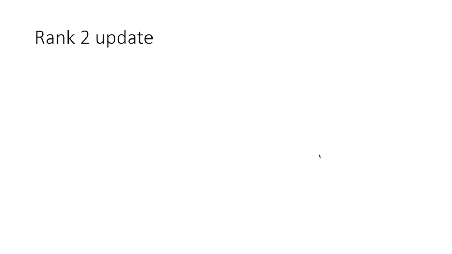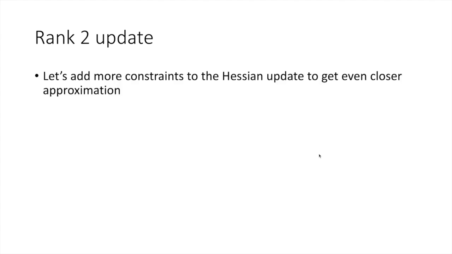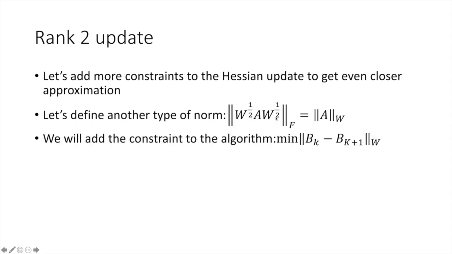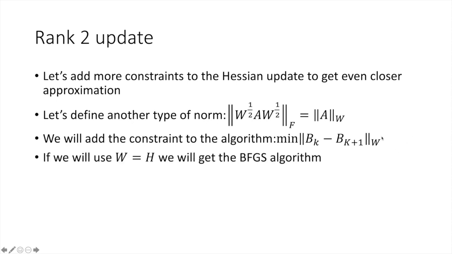So now we will define a rank 2 update. We will add more constraints to the Hessian update to get an even closer approximation. So let's define another type of norm. A W-induced norm will be the Frobenius norm of W raised to the power of half, times A, times W raised to the power of half. We will add the constraint to the algorithm that it minimizes the distance between b_k and b_(k+1) in the W-induced norm.